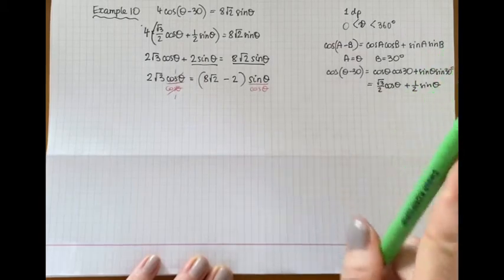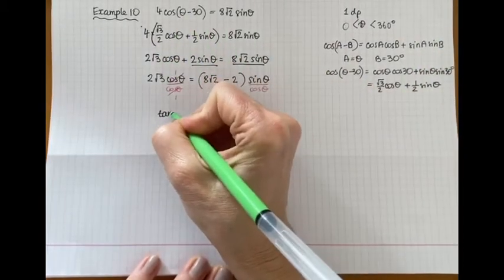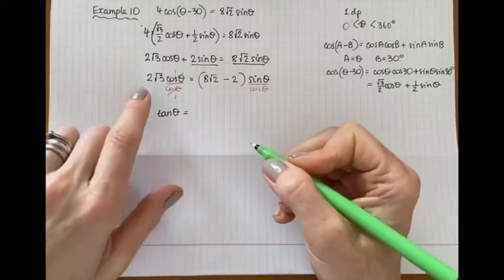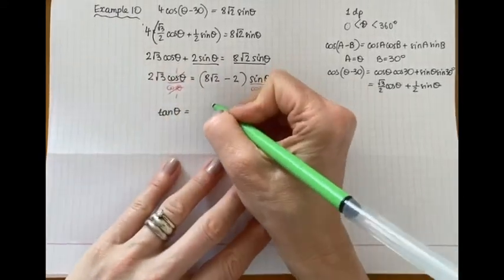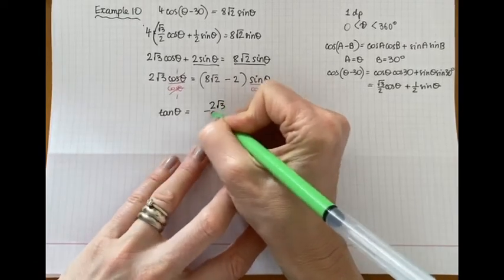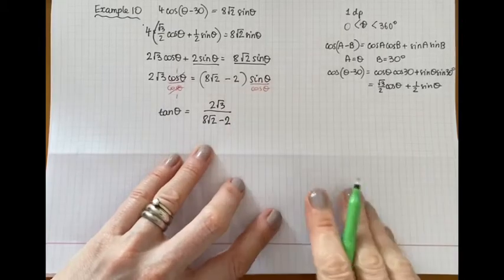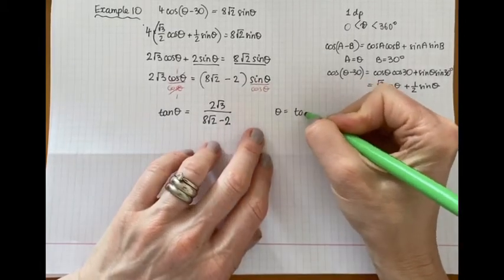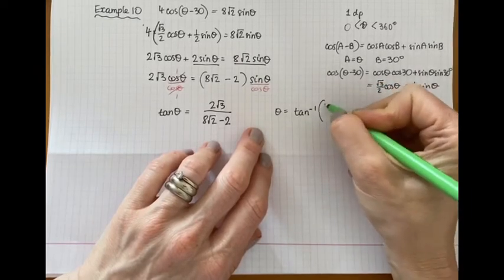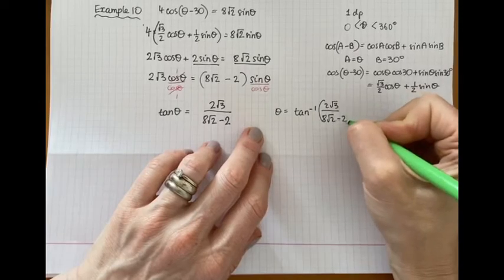So you've got tan theta is going to be 2 root 3 divided by this. Okay, so theta is going to be tan inverse of 2 root 3 over 8 root 2 minus 2.